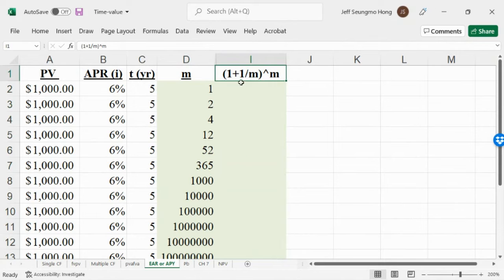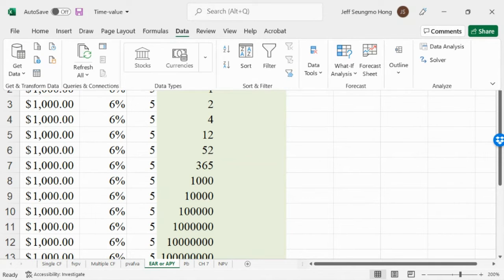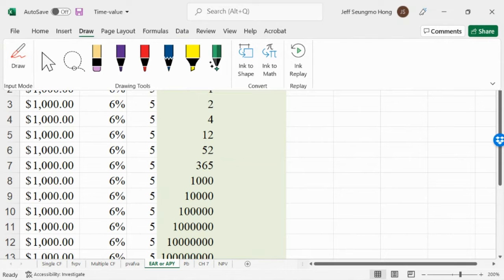So column I, the label says 1 plus 1 over m raised to m. So what is this? We know what this is. This is basically the compounding factor, the multiplier, right? We know what it is.